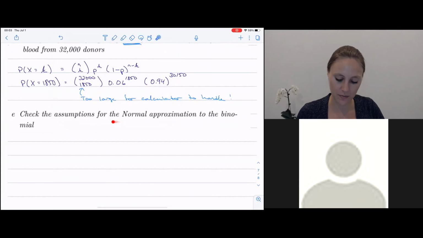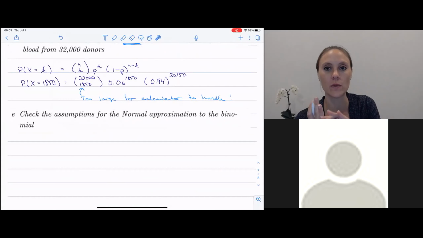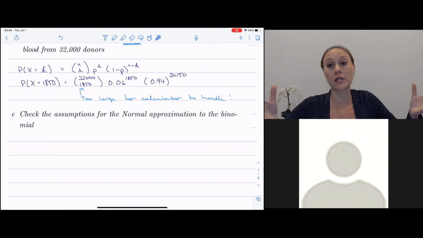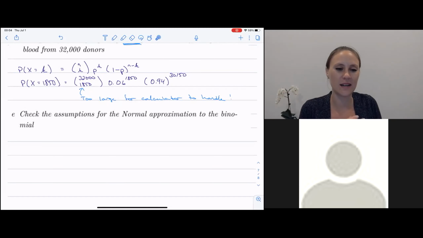So we're going to check the assumptions for the normal approximation to the binomial. So in terms of the binomial, we have assumptions, right? We said our events have to be independent of each other, which they are. People's blood types are independent. You get 32,000 people at a clinic, unless you're getting some sort of family extravaganza, you can assume that all the blood types are independent of each other.